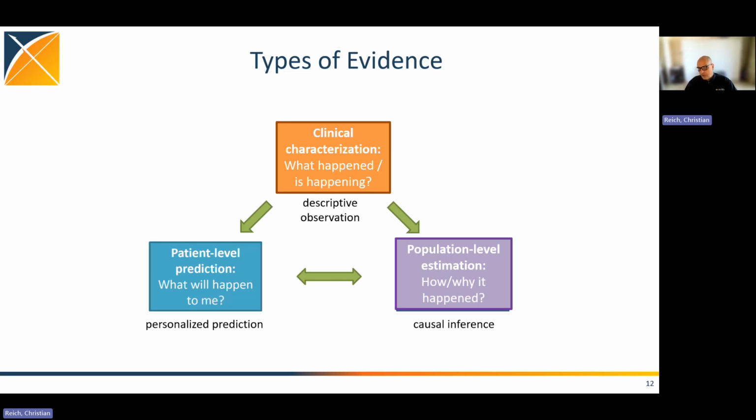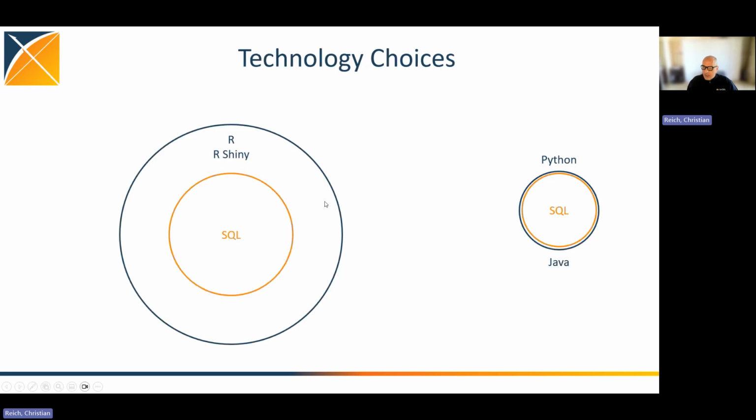Okay, so that's a statistic which will say, all patients who take the COVID vaccine, what's the likelihood of getting COVID compared to those who don't take it, or compared to those who take something else, whatever it may be. Okay, so these are the types of evidence that get created.